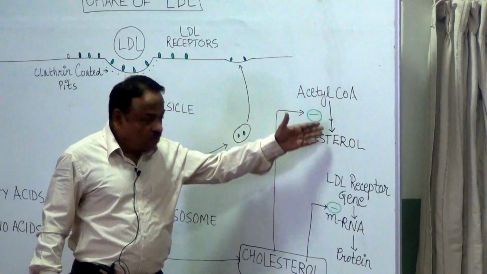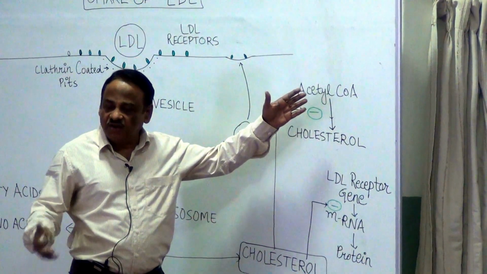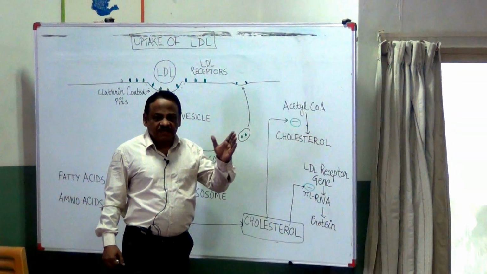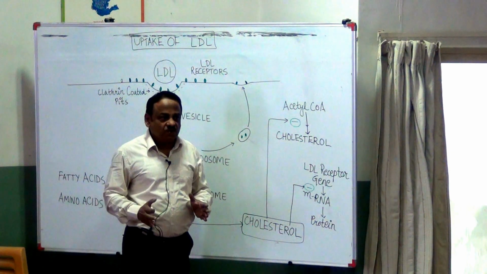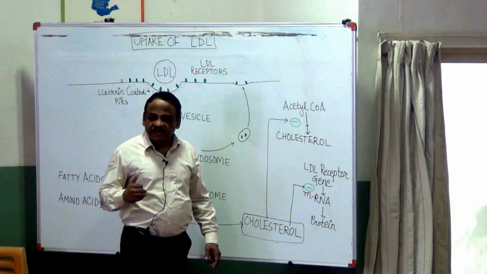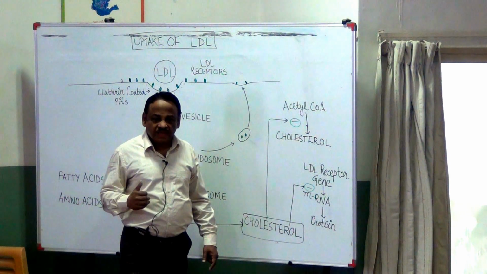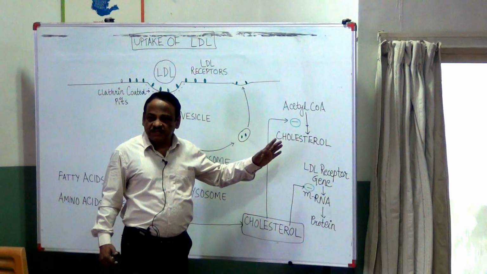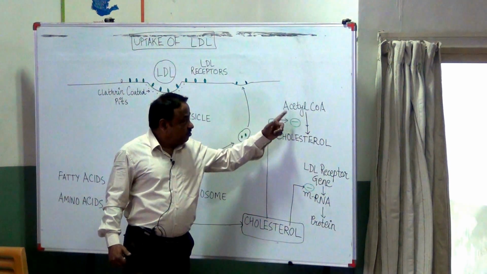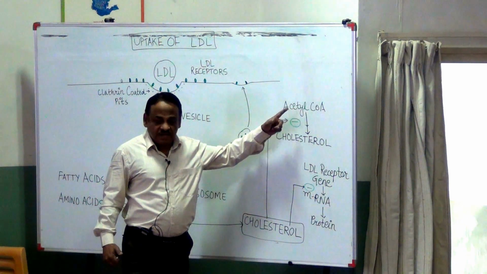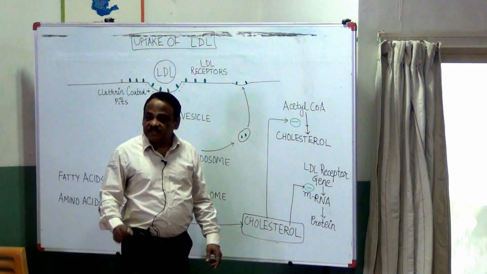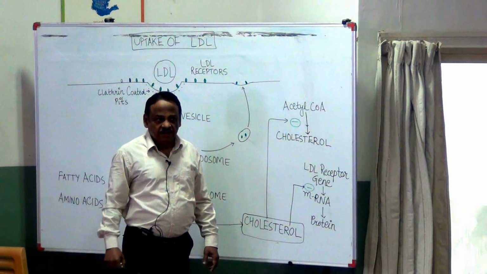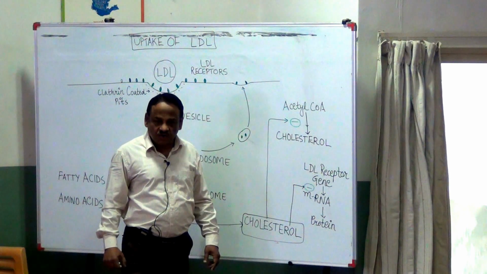Through a series of steps, almost 18 or 19 steps, it will form acetoacetyl-CoA, then HMG-CoA, then HMG-CoA reductase acts. Then it goes further down and forms cholesterol, which contains 27 carbons. Acetyl-CoA has 2 carbons and cholesterol has 27. It's a steroid, a steroidal type of molecule.